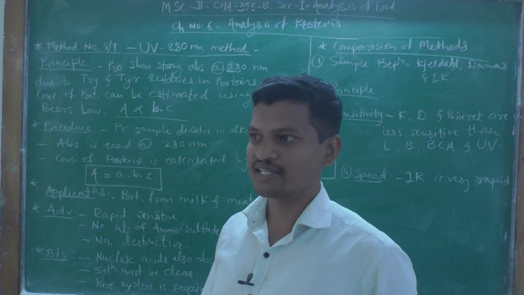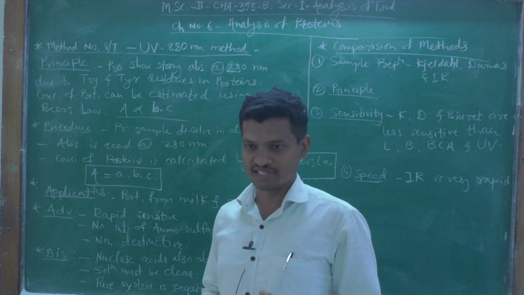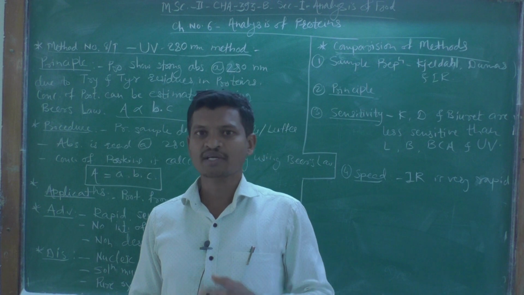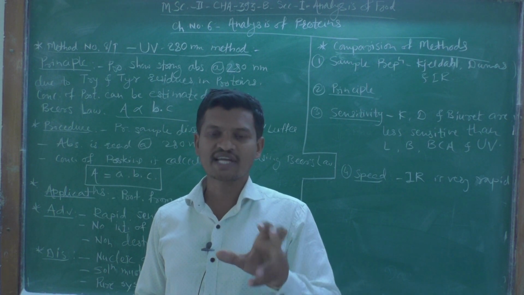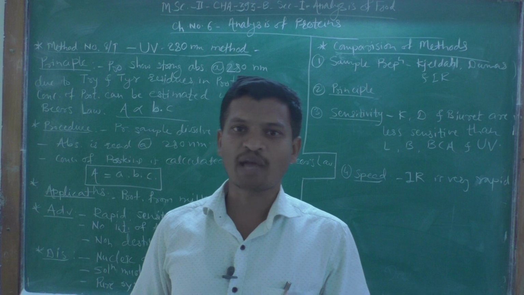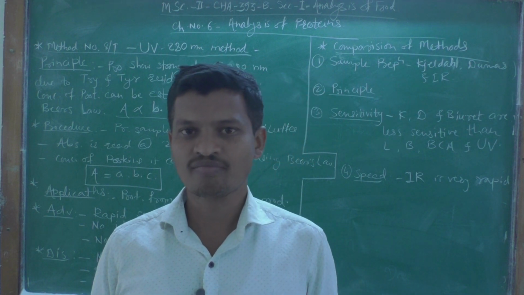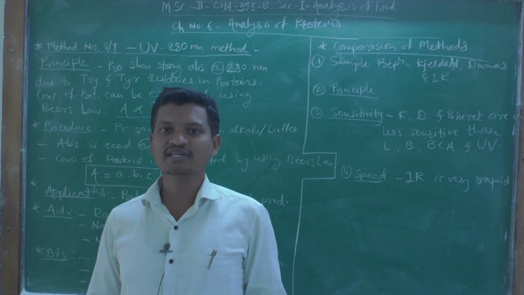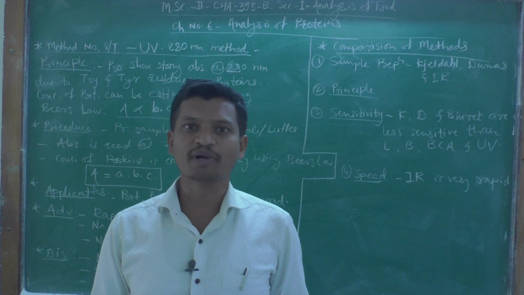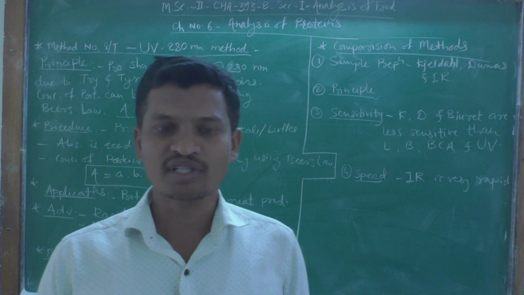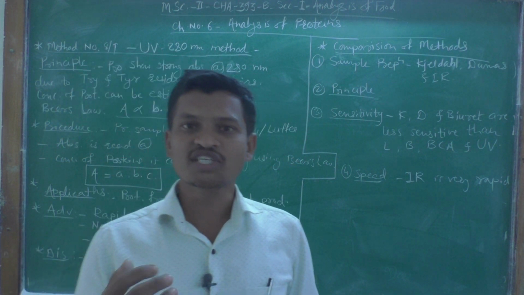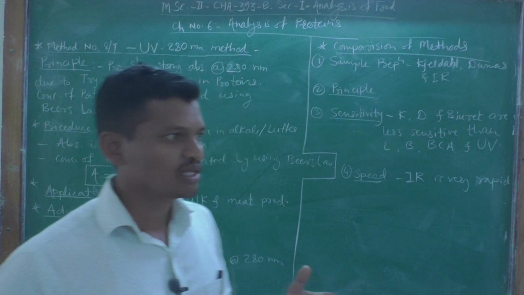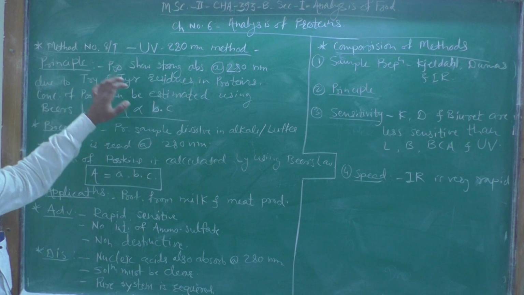Some amino acids contain aromatic side chains such as tryptophan and tyrosine. So these aromatic side chains are responsible for the absorption of ultraviolet light, that is UV light, from the electromagnetic radiation, and this is the main principle behind the use of this method for the estimation of proteins in the food sample.